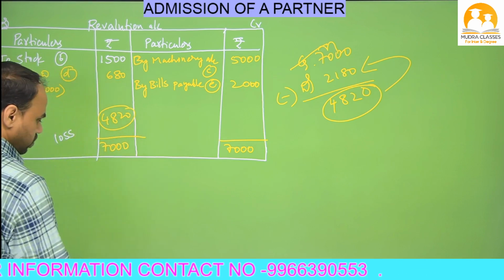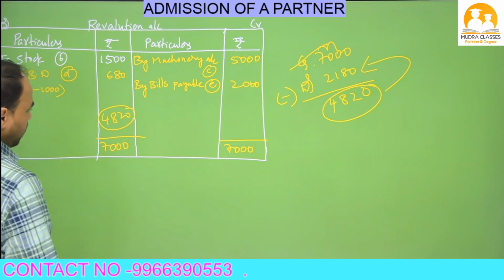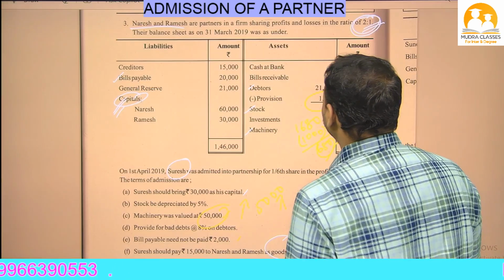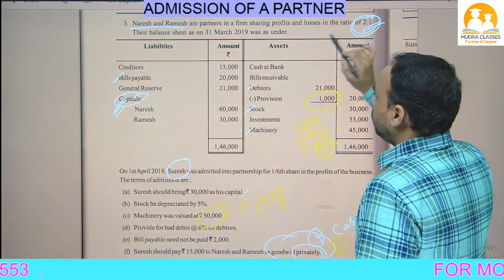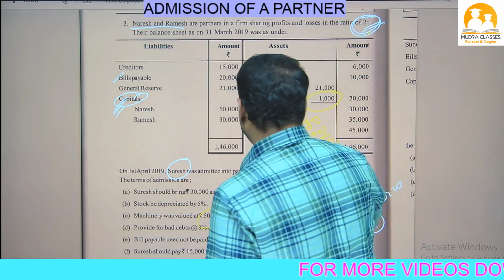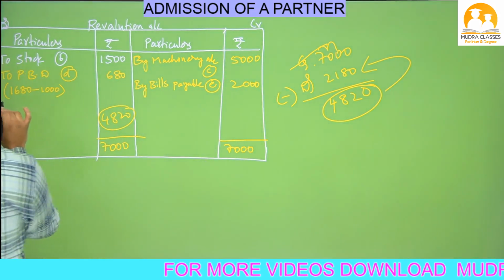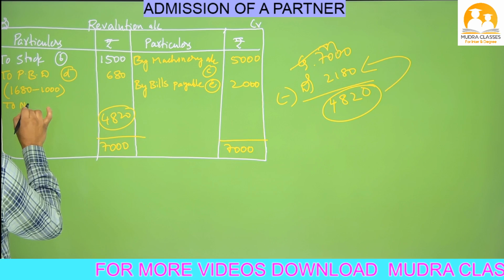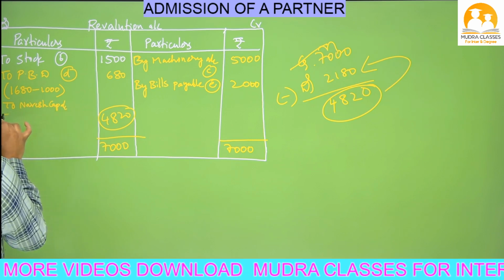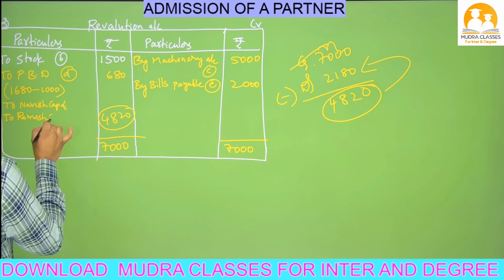Okay, these 4,820 we have to distribute to old partners in their old ratio. What is the old ratio of partners, beta? See, 2 is to 1. Who are the old partners? Naresh and Ramesh. So in 2 is to 1 to Naresh and Ramesh we have to distribute that profit, beta. So to Naresh capital account, to Ramesh capital account.